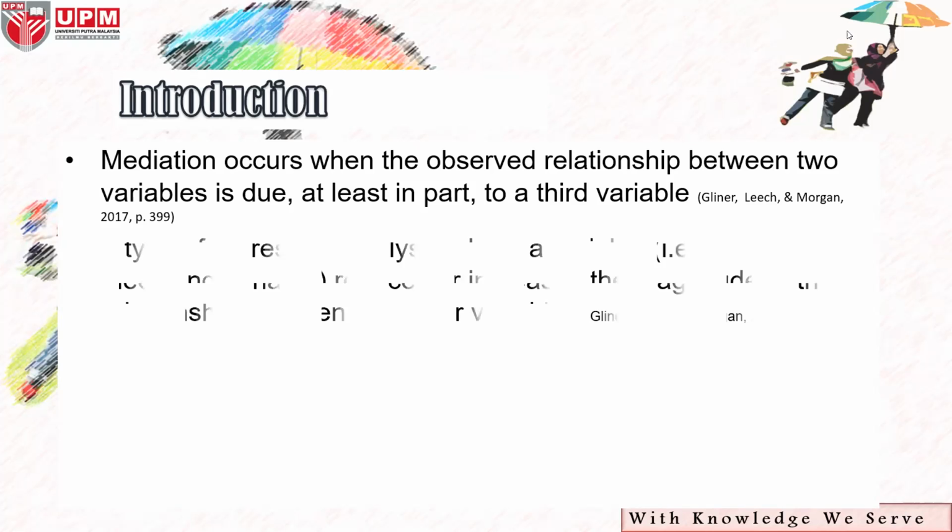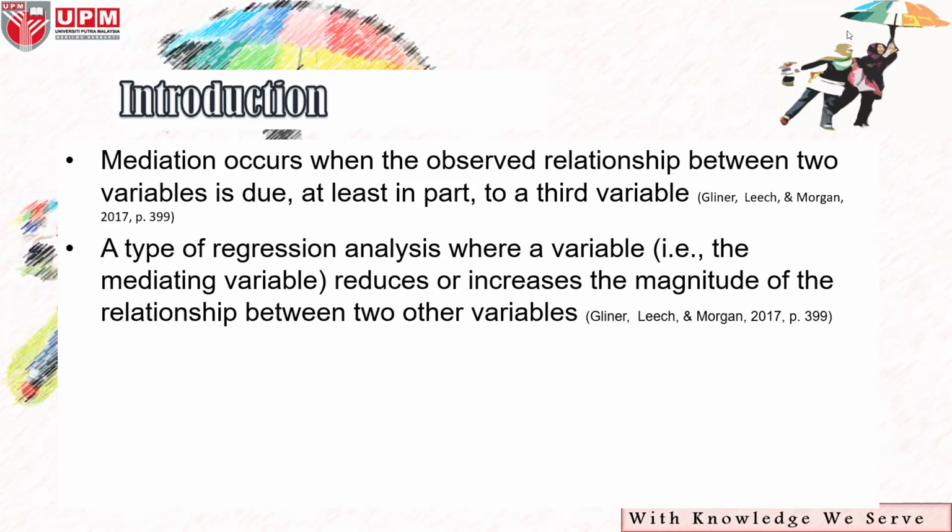Contoh. Okay. So a type of regression analysis where a variable, for example, the mediating variable, reduces or increases the magnitude of the relationship between two other variables. So bila adanya mediation ni, there will be a tendency for the mediator to reduce or increase the amount or magnitude of the relationship between IV and DV.